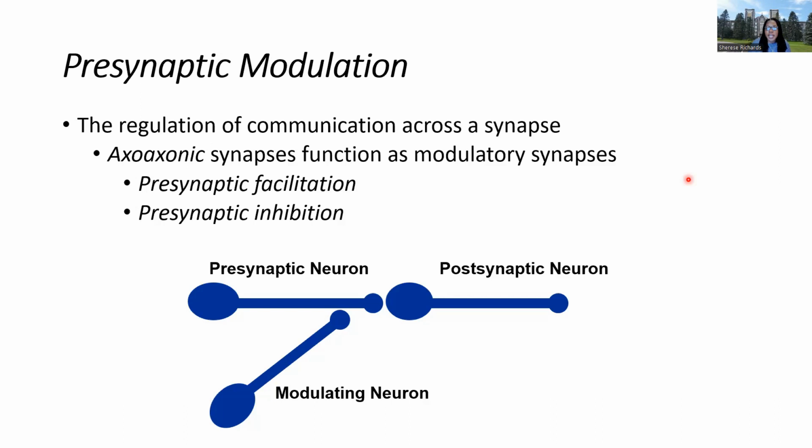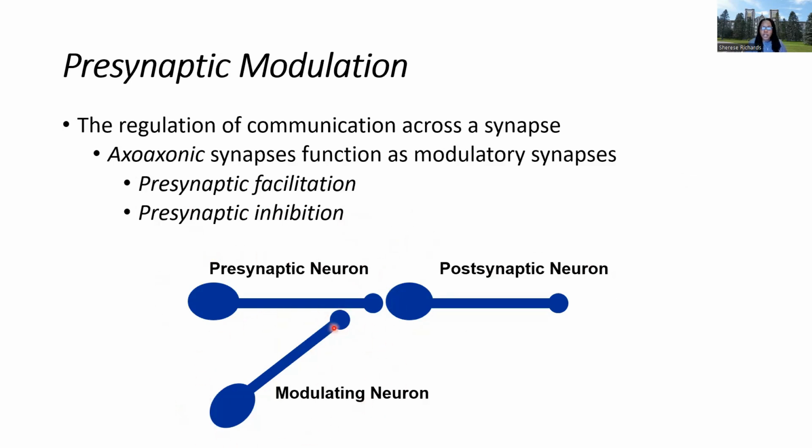All right. Okay. And then we have presynaptic modulation. So this is regulating via synapse how much neurotransmitter is released. And so we have facilitation or inhibition depending on what type of influence the modulating neuron has at the synapse. So here we have a presynaptic neuron, we've got our postsynaptic neuron, and then we have this third modulating neuron.